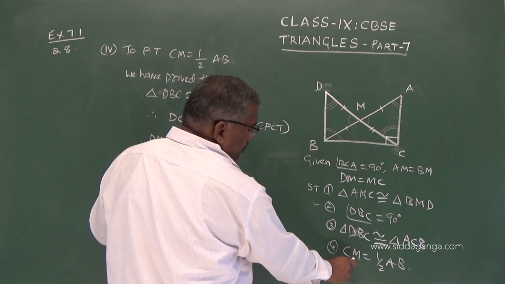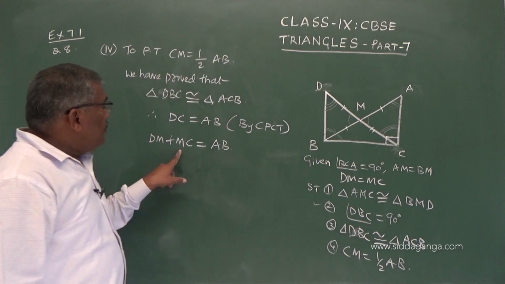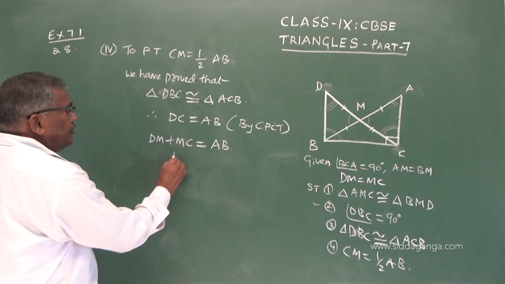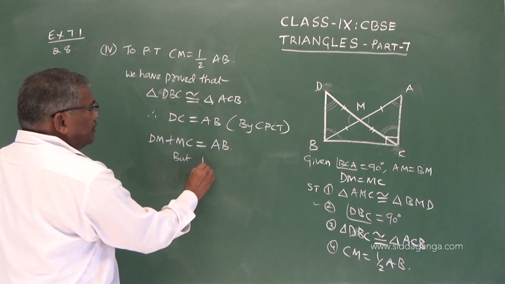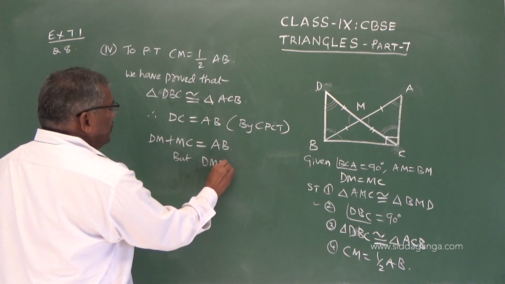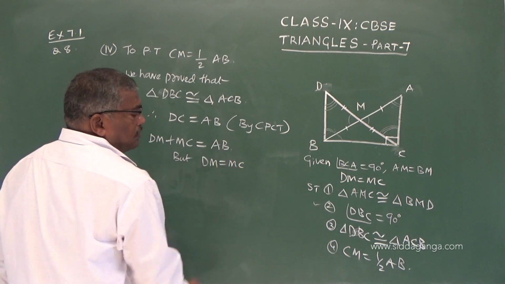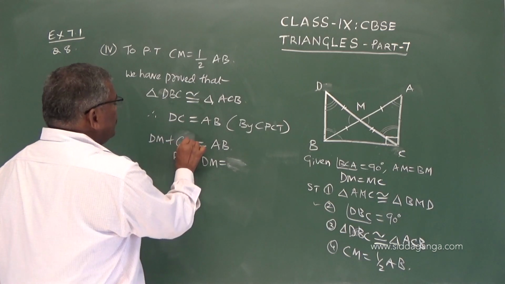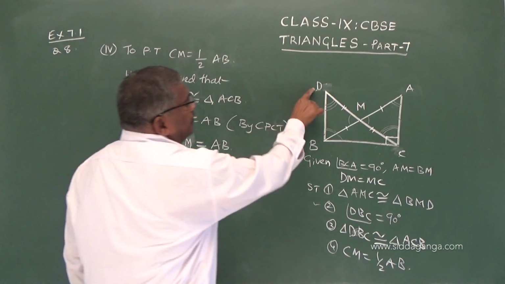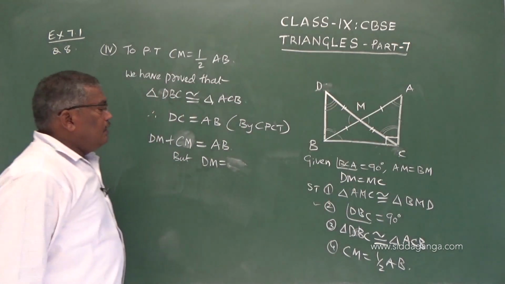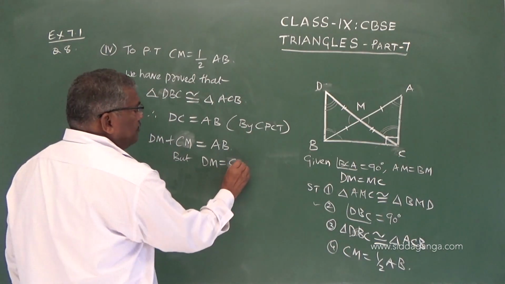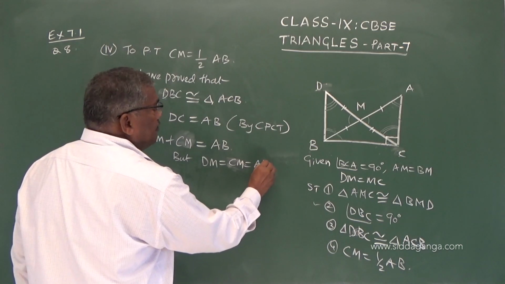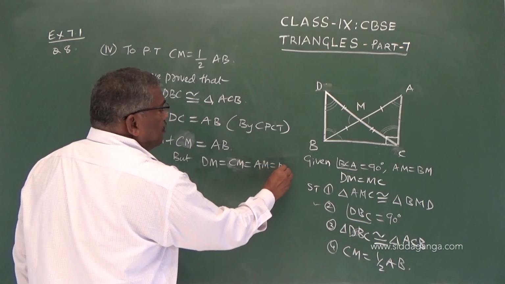So here we want CM. DM is equal to MC, or CM. I will write this as CM only. So DM is equal to CM is equal to AM is equal to BM.